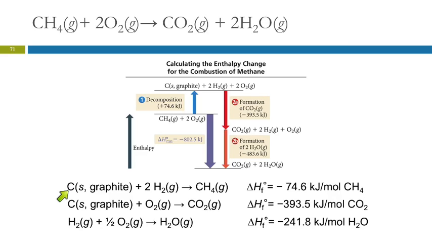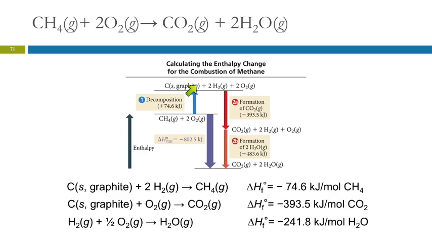So this is the formation equation for CH4, but we're running it backwards. We're saying, well, we're going to take this apart into the component elements. So this change would be positive 74.6 instead of negative.